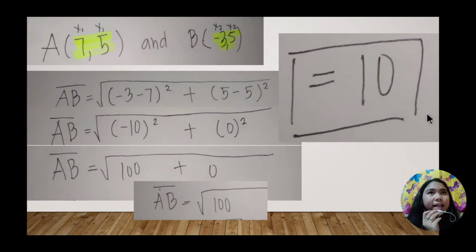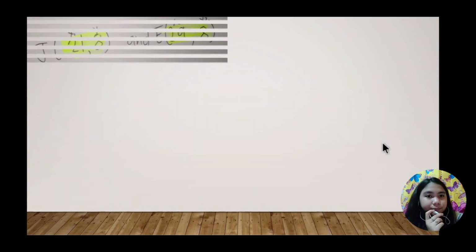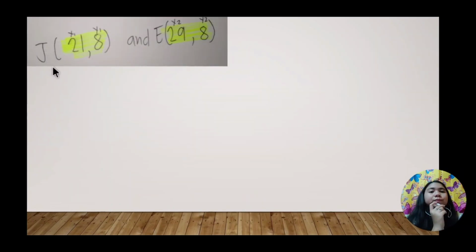So, let's move on to our next problem, number 2. In example number 2, for J it is positive 21 and positive 8, and for E it is positive 29 and positive 8.